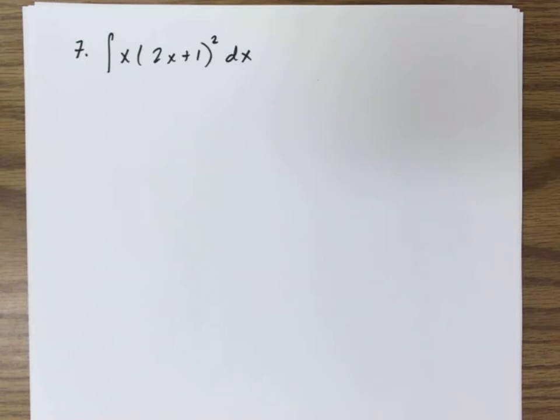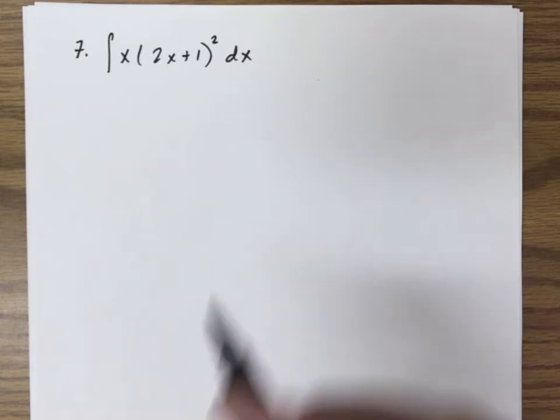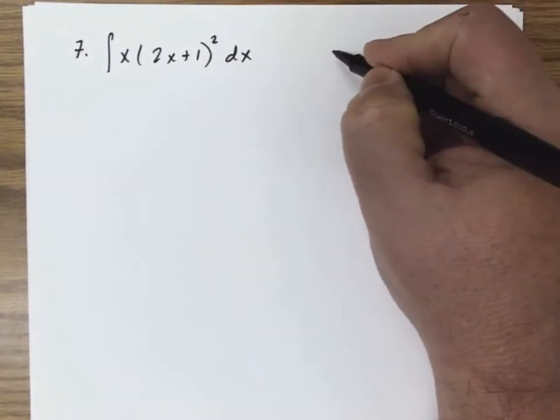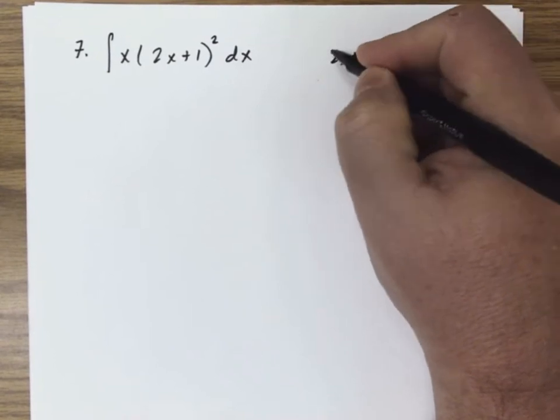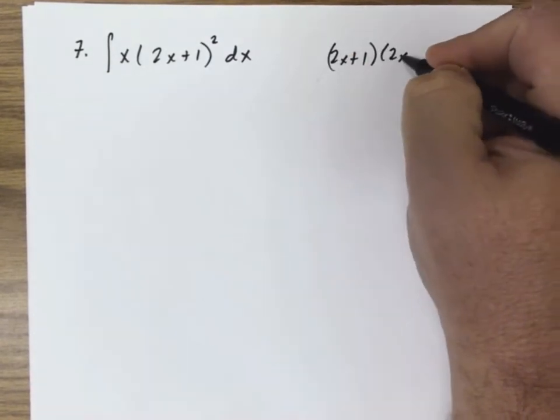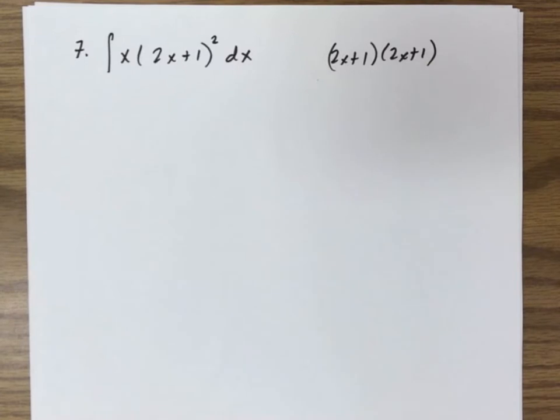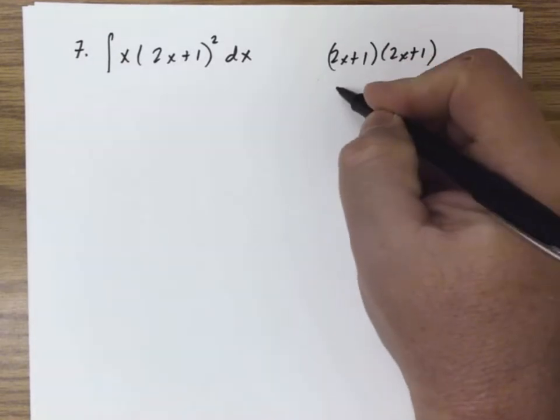But like I said on the last problem, sometimes you can do some algebra and rewrite or rearrange it to make it look different so that you can then apply some rules. So what would happen if I went ahead and multiplied out the parentheses? (2x + 1) squared is like (2x + 1) times (2x + 1).